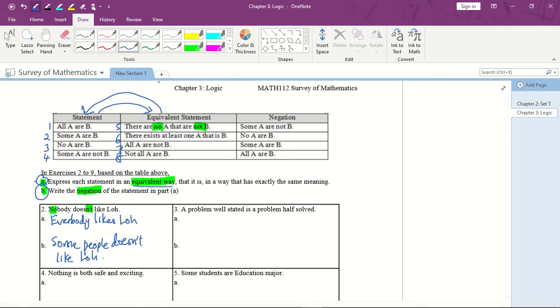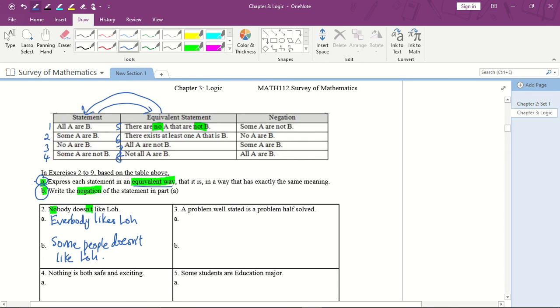Let's look at the third question here. A problem well stated is a problem half solved. Give yourself about 5 seconds to think about which statement it belongs to: 1, 2, 3, 4, 5, 6, 7, 8.